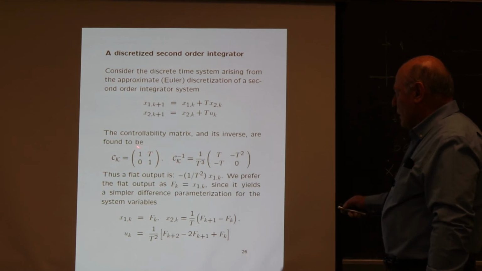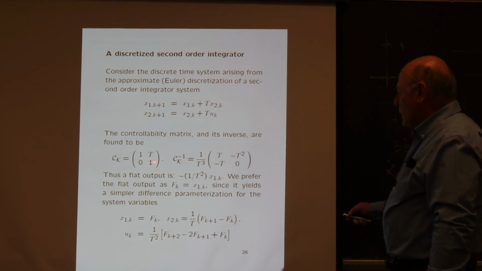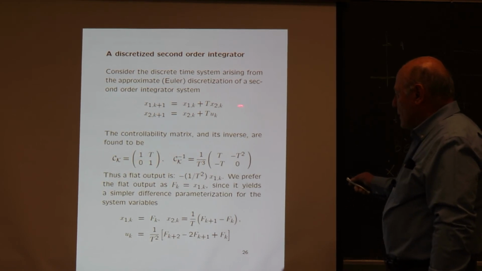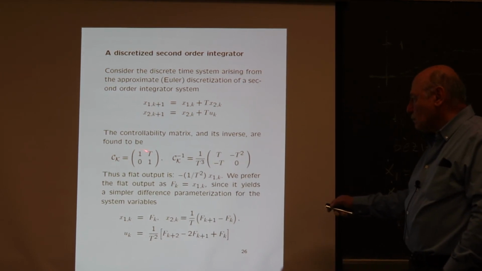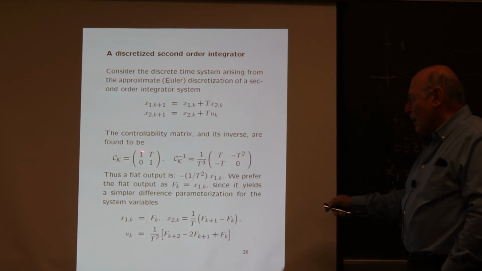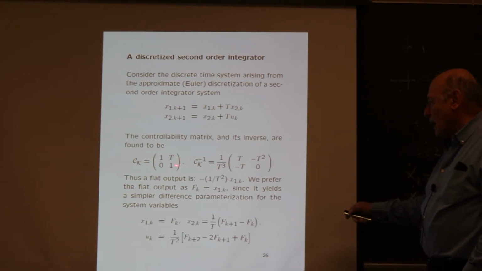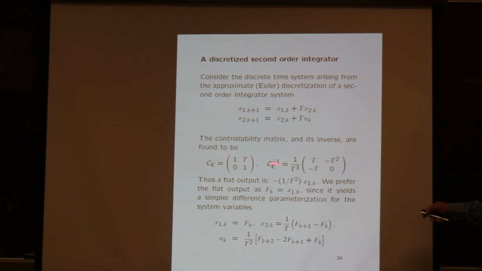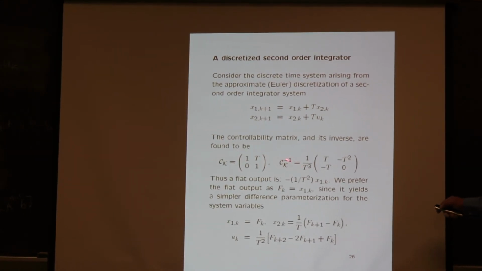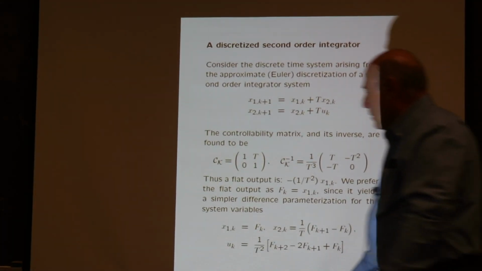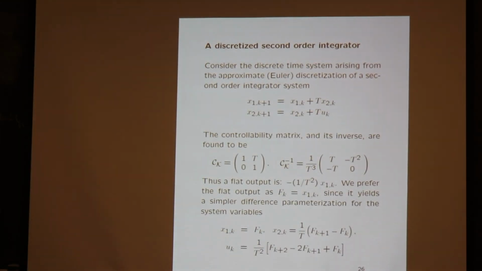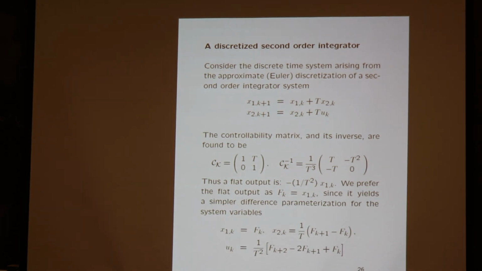The controllability matrix is built from the matrices A and B. I'm sorry, I'm probably making a mistake there. Let's see.